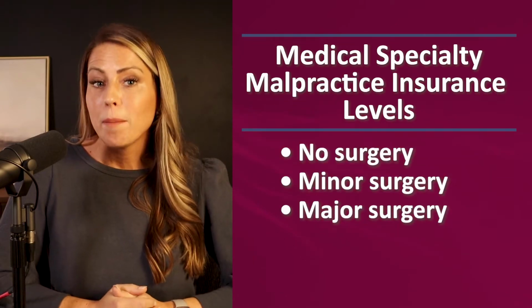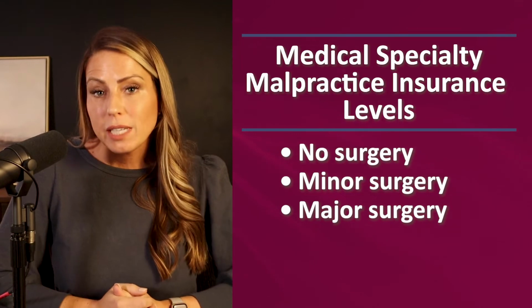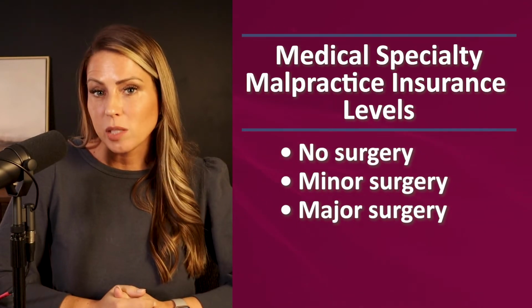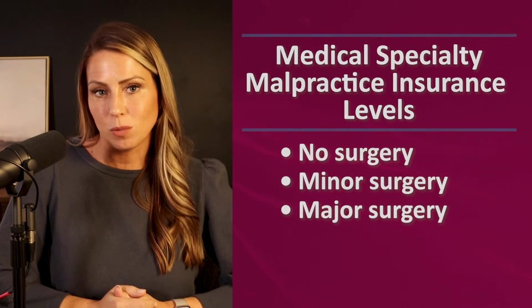So let's jump in. For many medical specialties, malpractice insurance pricing is broken into 3 levels: no surgery, minor surgery, and major surgery. The provider's procedures and scope of practice will help the underwriter determine which classification best fits the risk.